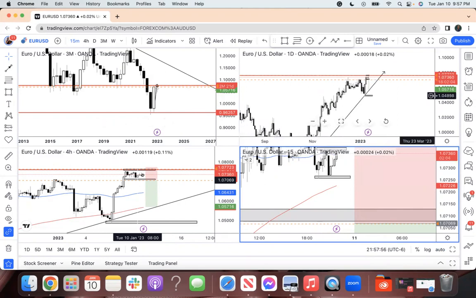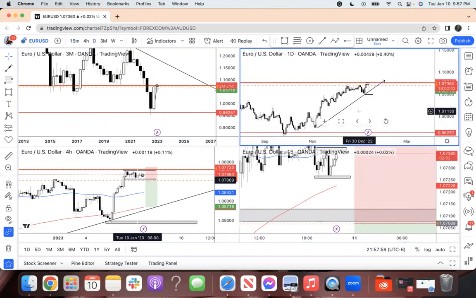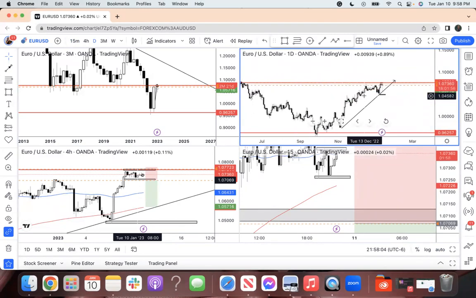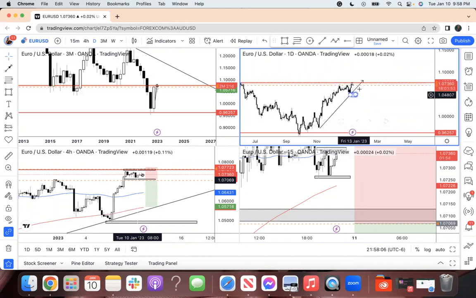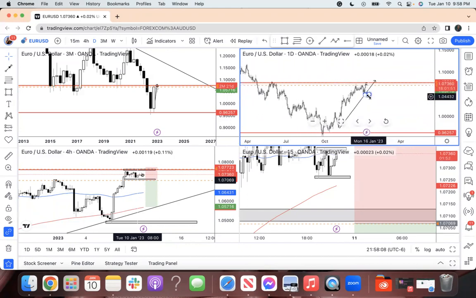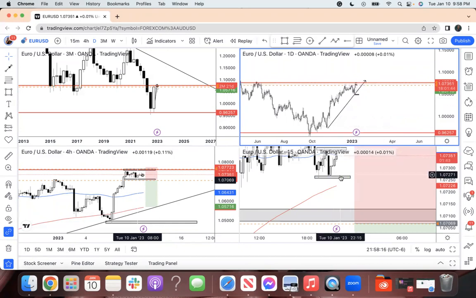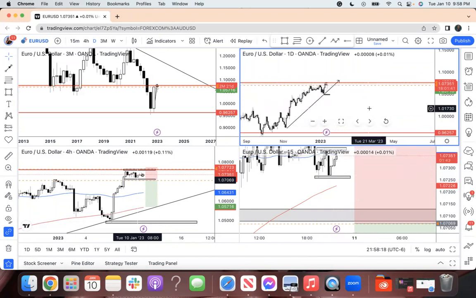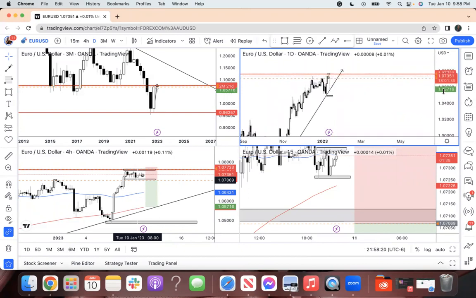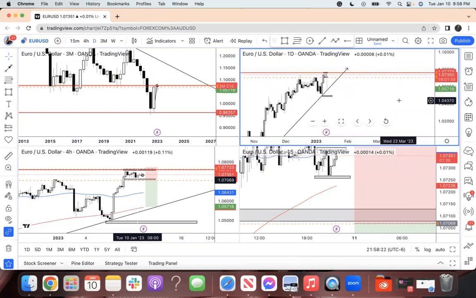This on the daily time frame would have been considered a temporary retracement or a retest of a major zone. And so I want to get back in alignment with the overall major trend. And so I'm going to want to see price come down and break this area.